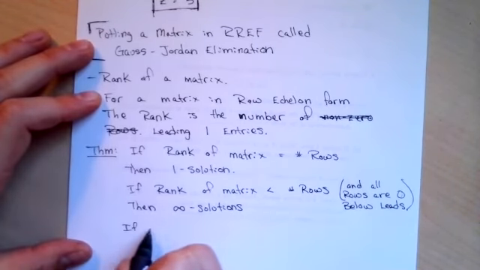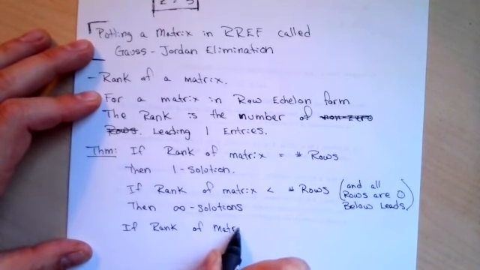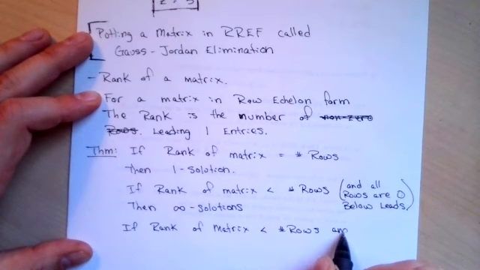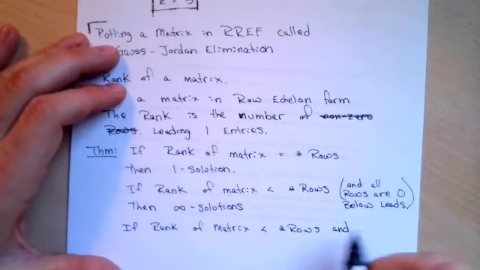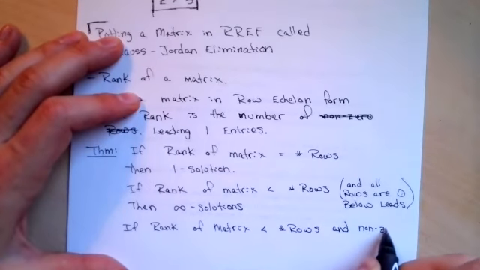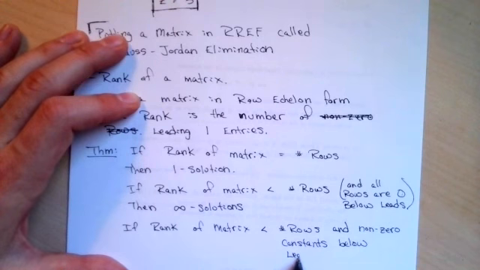And then our last situation is if the rank of the matrix is less than the number of rows, and we have non-zero constants below our leading rows, then there's no solution.